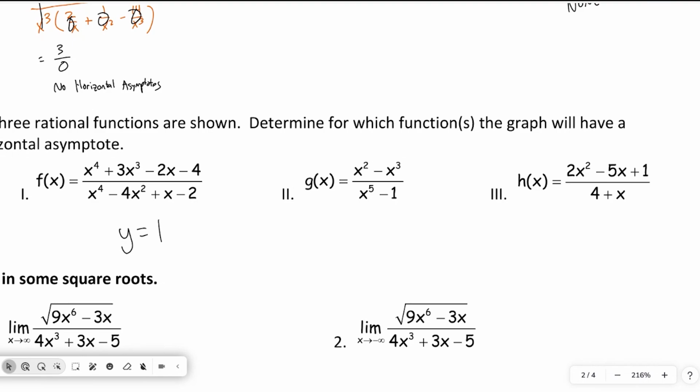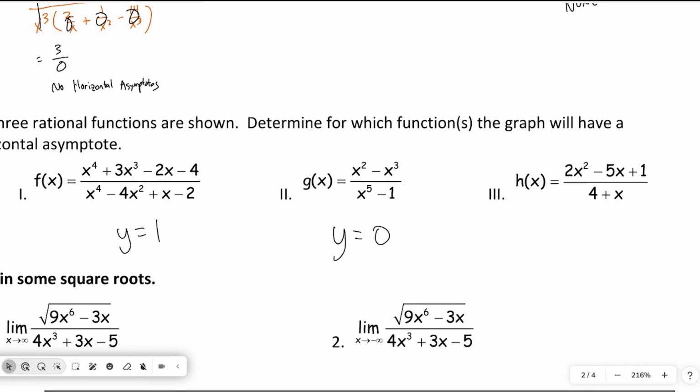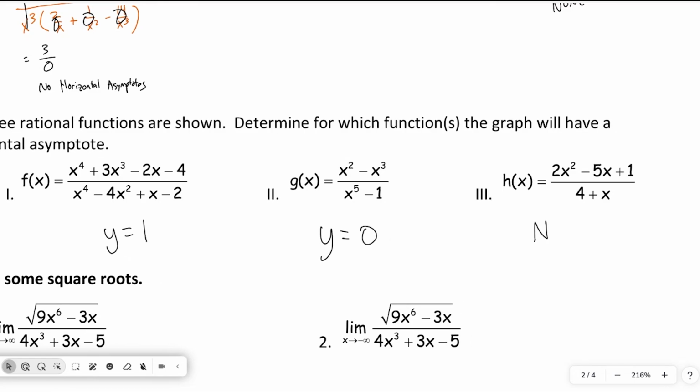Take a moment to look at number 2. It's going to be 0. And what about number 3? It's undefined, so there's none. So it's really just 1 and 2.